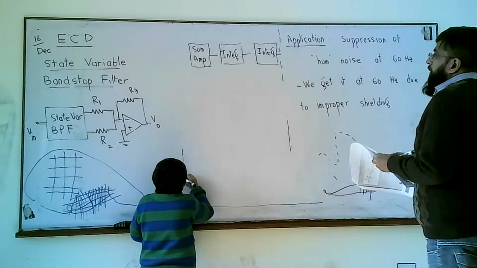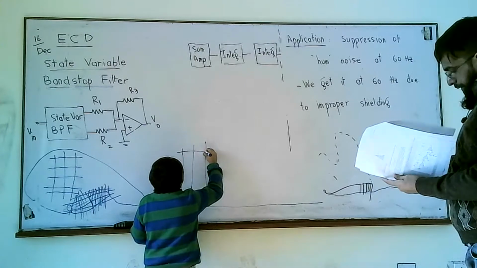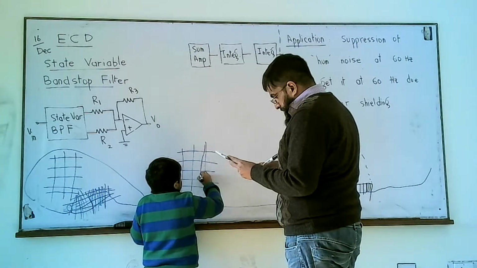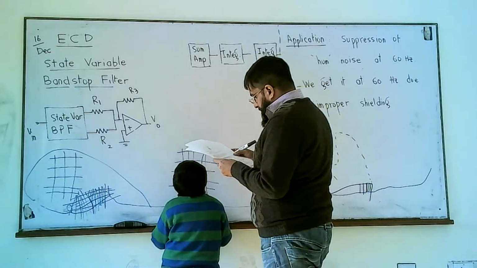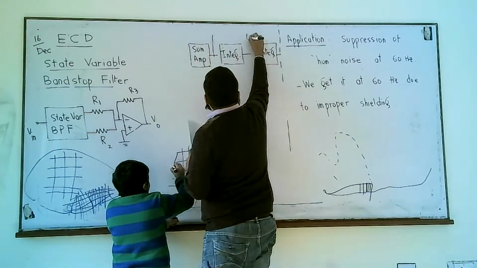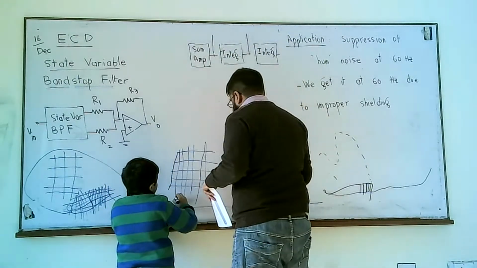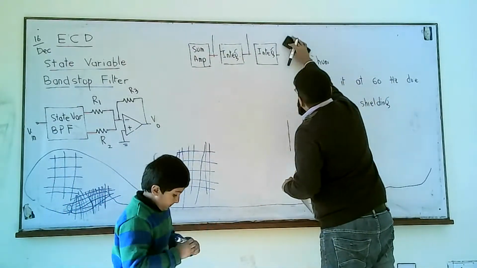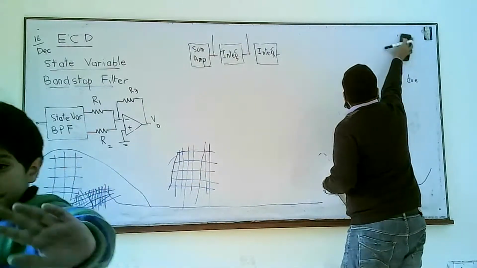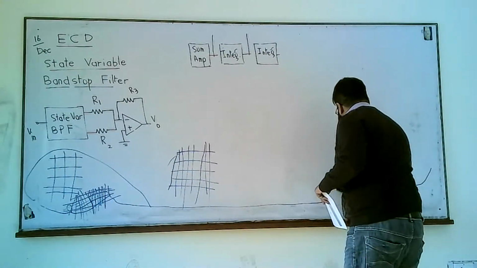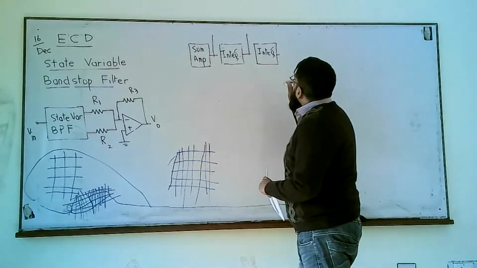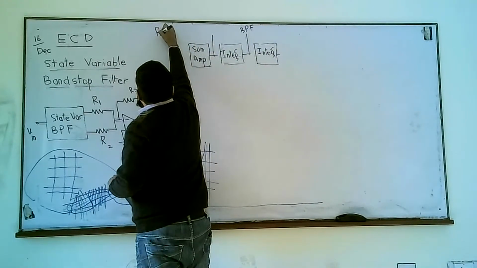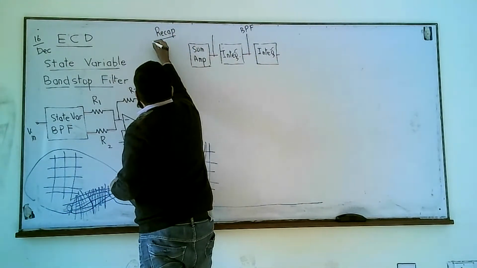We implemented this state variable type band pass filter, and while implementing this, we studied that we can tap 3 outputs from here: the first output, the second output, and the third output. It's a recap from the first part of this lecture.